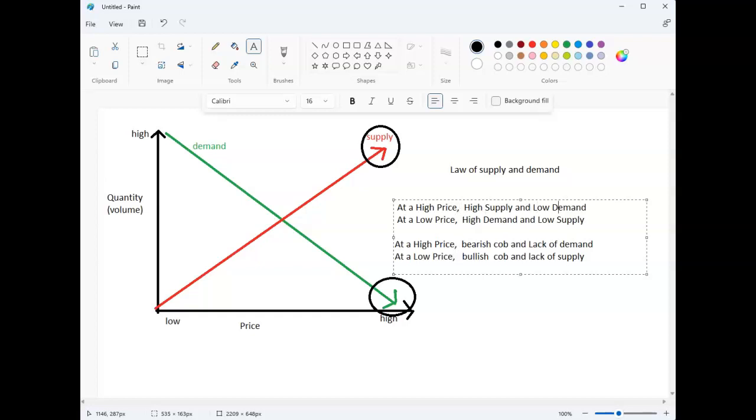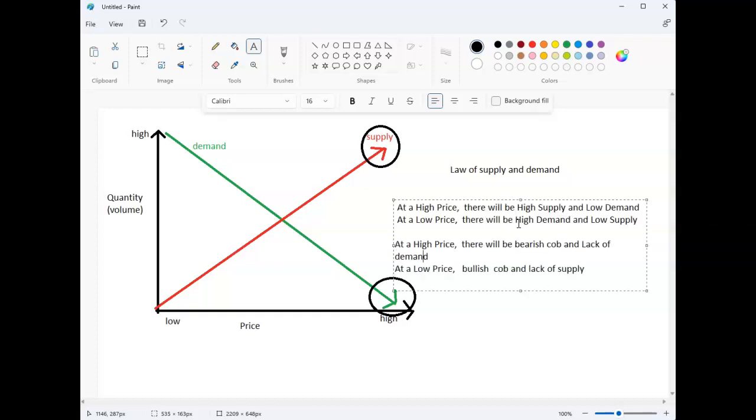At a high price, high supply and low demand, there will be a high. And you'll see this. This is exactly what happens.